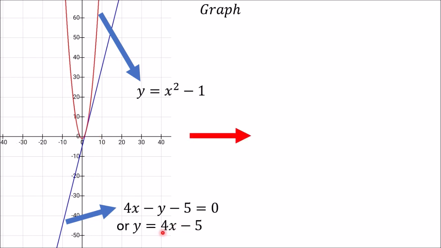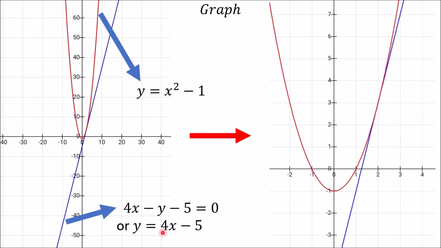So now, I want to enlarge this graph para makita nyo talaga ito na yung point of intersection ng curve at nitong line ay nandito. Nandyan sa point na 2 and 3. Ito yung tanong kanina na ano yung magiging equation ng line at this point. So, this point actually is the point of intersection of this tangent line to that curve.